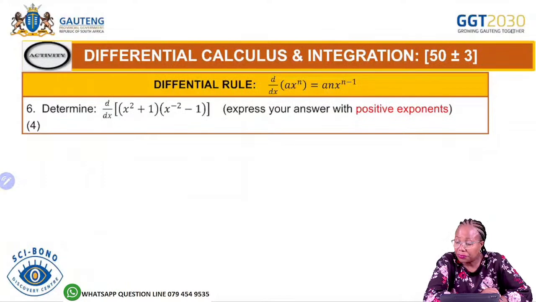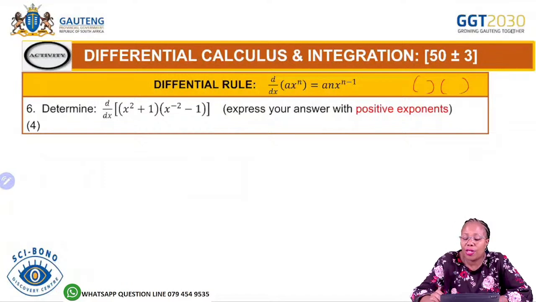Moving on, number 6. We are having differential calculus also, but in this case it is the application of rules. Before you apply the rules of differentiation, number 1, you need to ensure that you do not have brackets. Remove brackets, multiply them out.